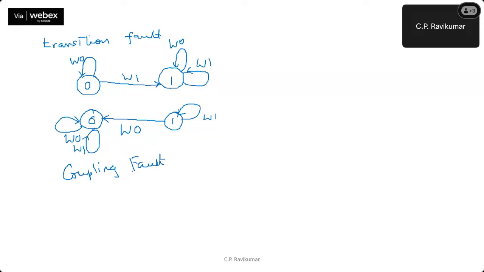There may be some sort of coupling going on between the cells, maybe capacitive coupling or whatever. Again, we don't know the physical mechanism. So because of this coupling fault, it can behave in the following way. I have two cells I and J.